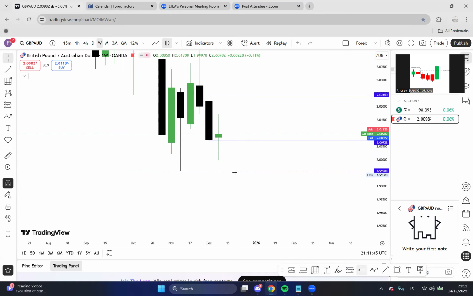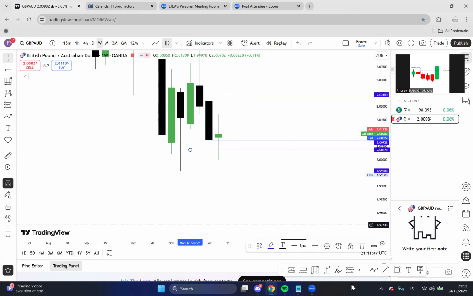Probably the market maker placed their buy order around this level, then they will push the market down to this point to get the exact amount of that order that Goldman Sachs was looking for around this level. Then after they collect those orders, you see the market will now move.